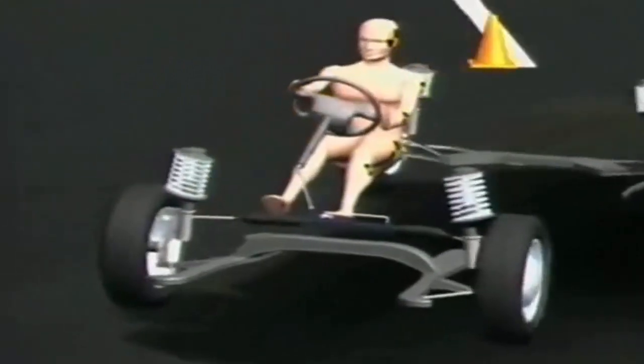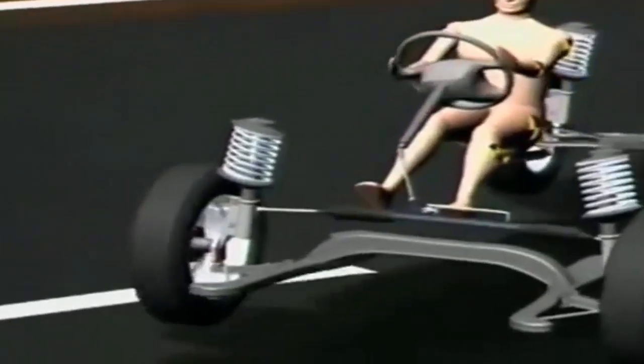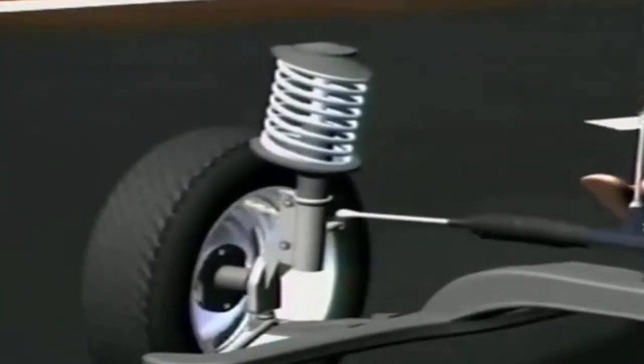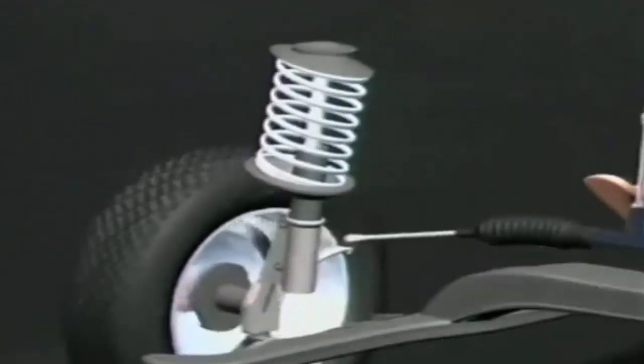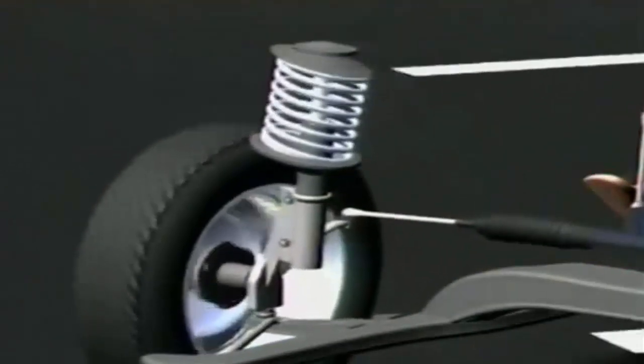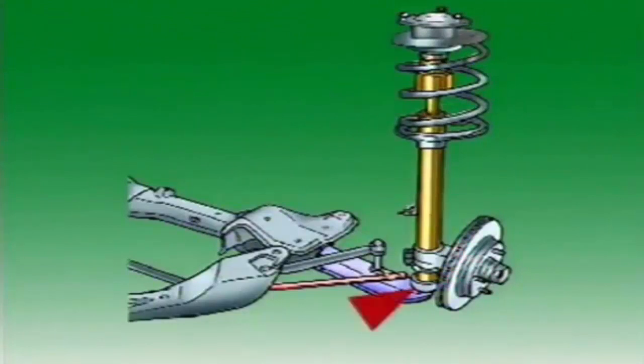One of the simplest and most common independent suspension systems is the McPherson Strut type. It can be used on the front and rear of the vehicle. It consists of a spring and shock absorber unit called a strut. The lower end of the strut is located by a ball joint fitted to the end of the suspension control arm.